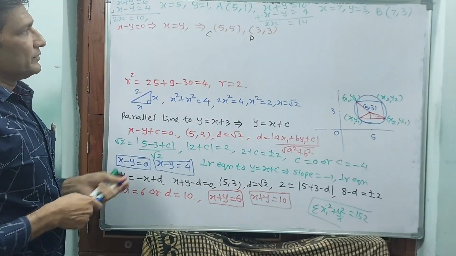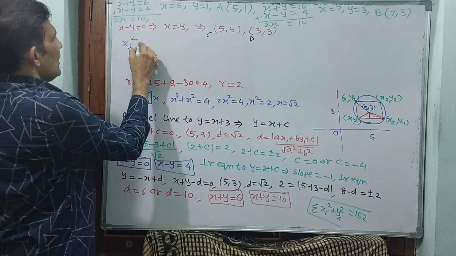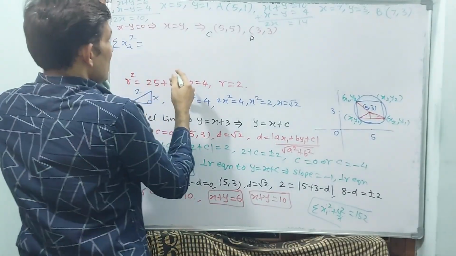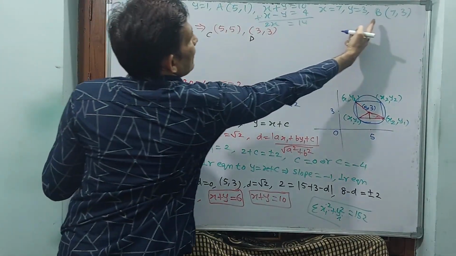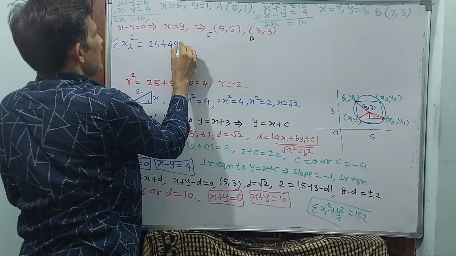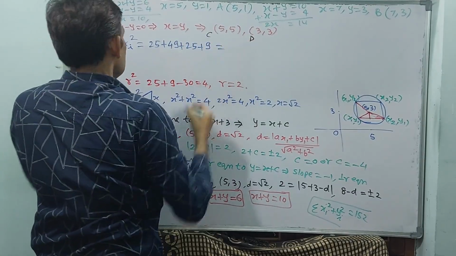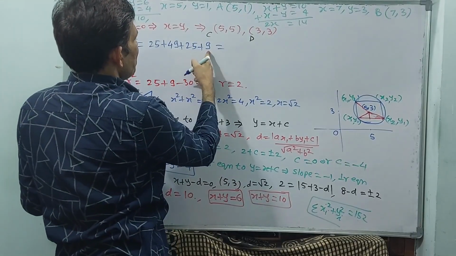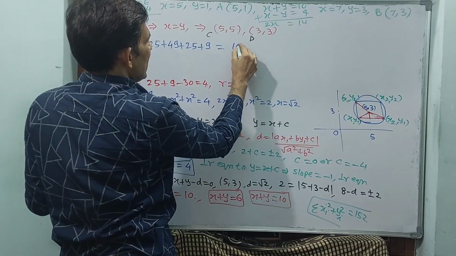Now let us solve. Now see, sigma xi square, both I am doing separately. 5 square 25 plus 7 square 49 plus 5 square 25 plus 3 square 9, that is equal to 50, 58, 108.